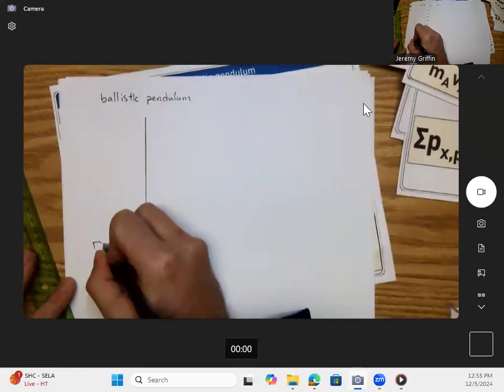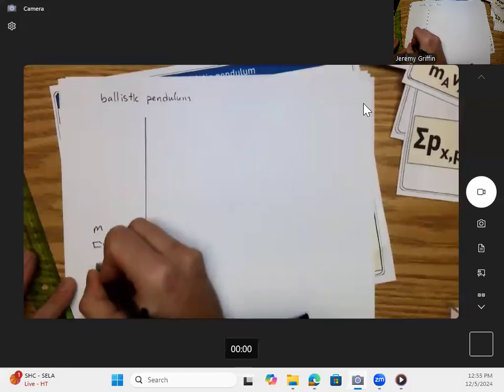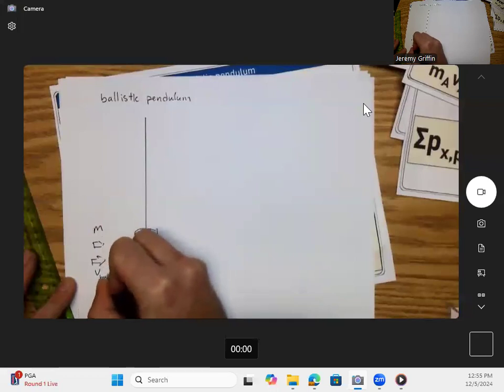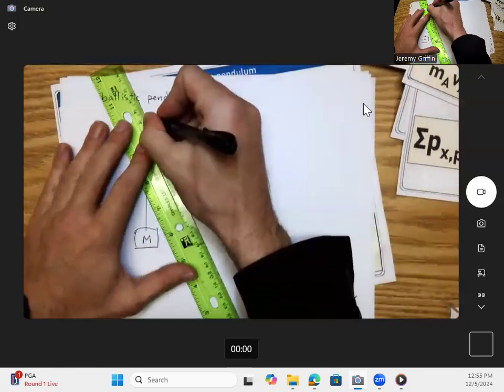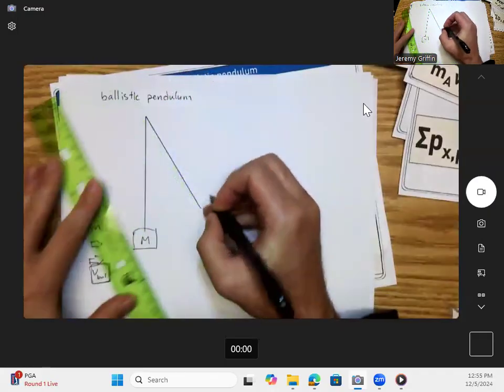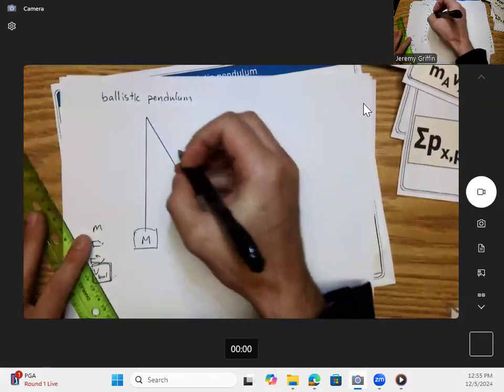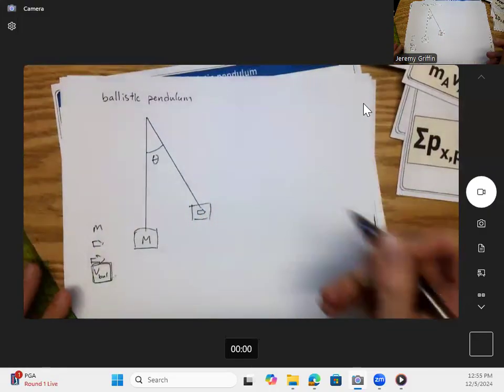I got some bullet, has some mass and say some firing speed. Has the bullet, right? And ultimately, that's what we want to know. So that's the last thing we're going to find. But maybe I'll give you numbers on all these other things. Okay? And when it embeds in the block, the whole thing is going to swing up to some angle, and there's going to be a height change. Here's the bullet inside the block, embedded like that.